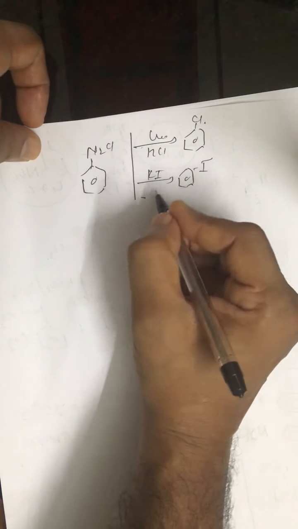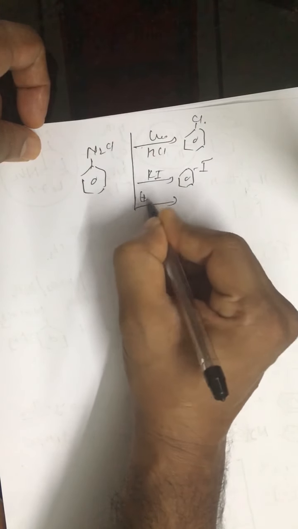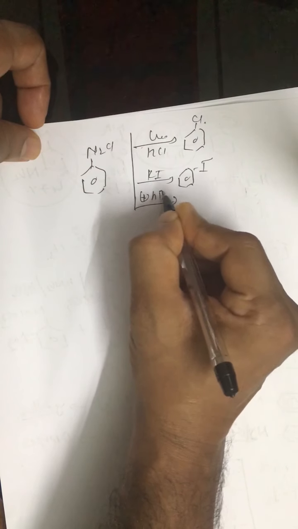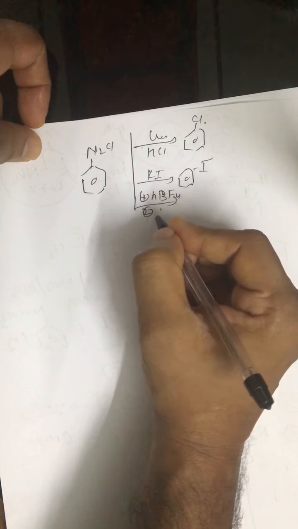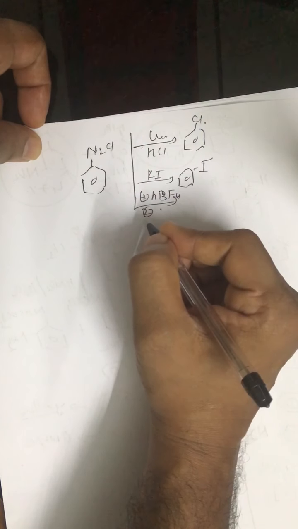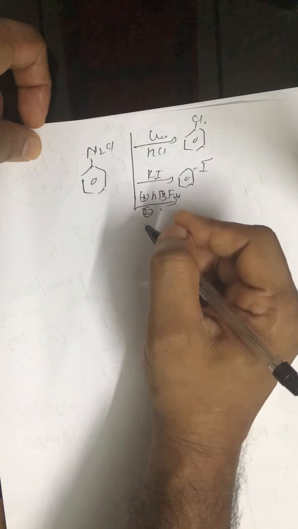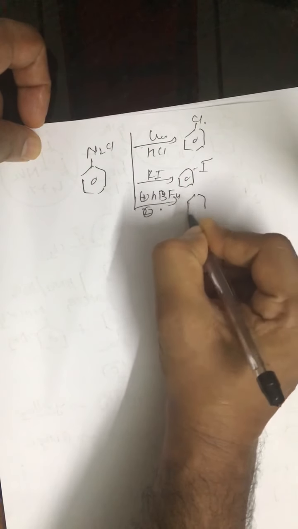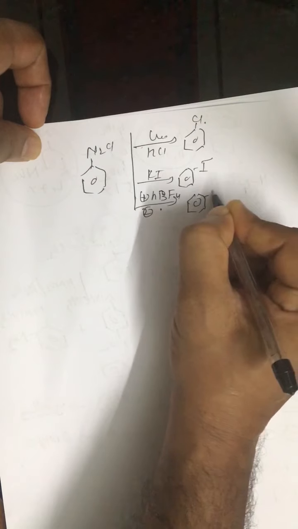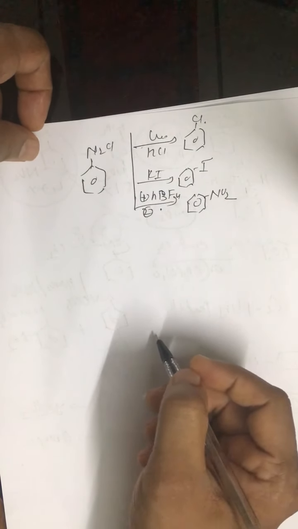And if it is treated first with HBF4 and second with copper and HNO2, we get nitrobenzene. So these reactions are also important.